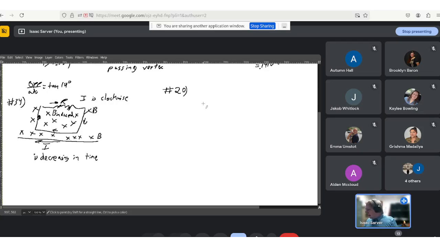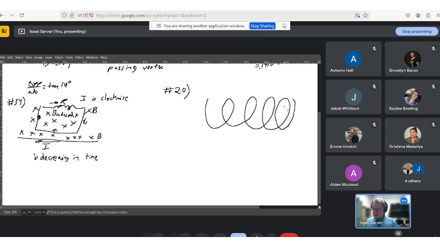So we have an MRI machine. So we have a big old coil, a big coil of superconducting wire. And so we get a magnetic field in there. And then we stick a person in it.